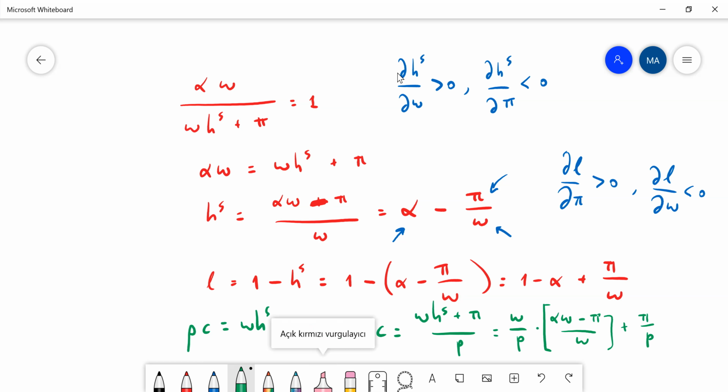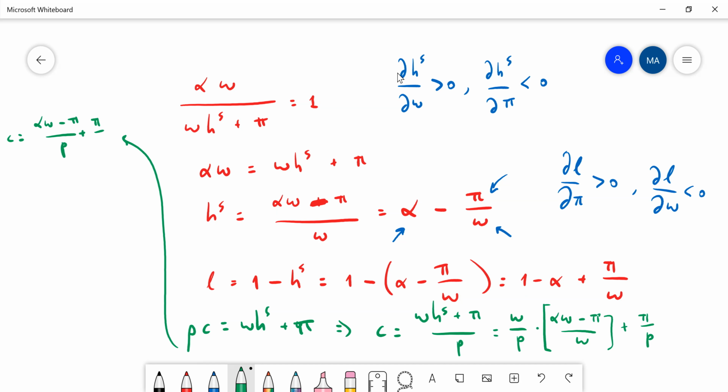So if you further do the math here, you have consumption being equal to what? Alpha W minus pi divided by P plus pi divided by P. So consumption must be equal to alpha times the real wage.